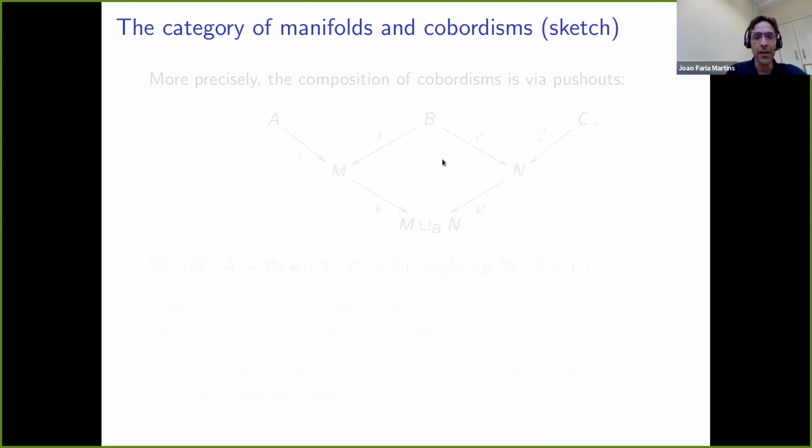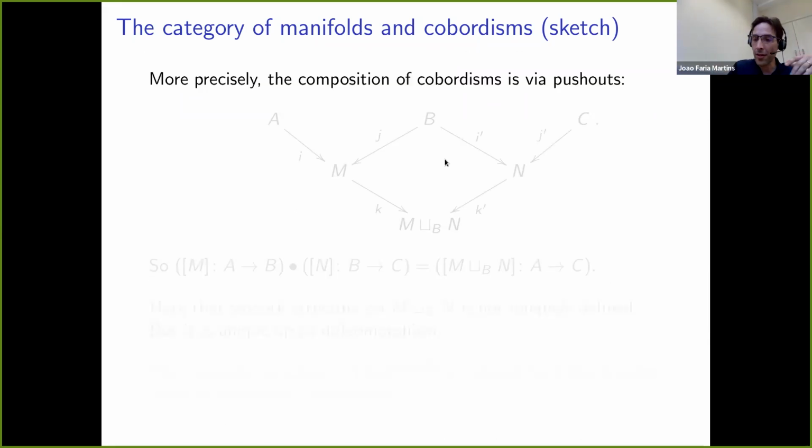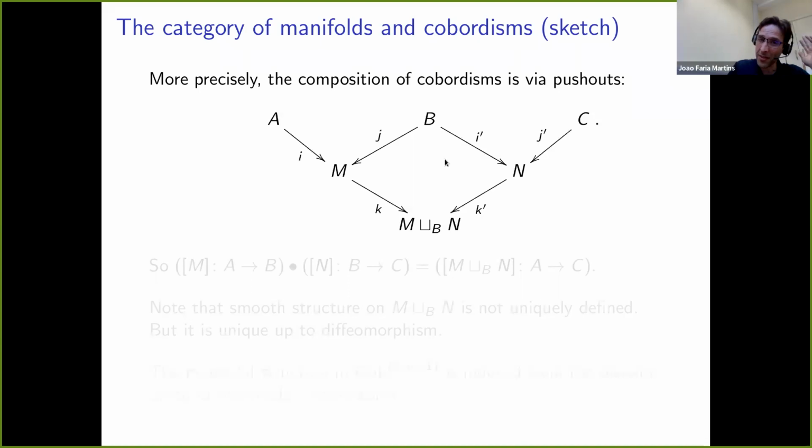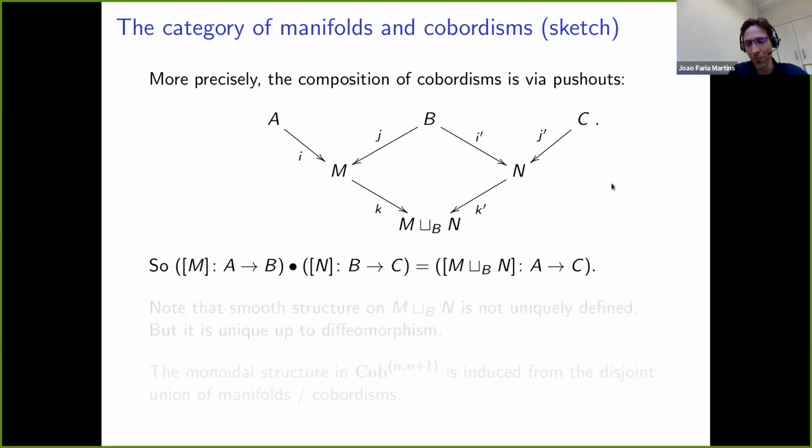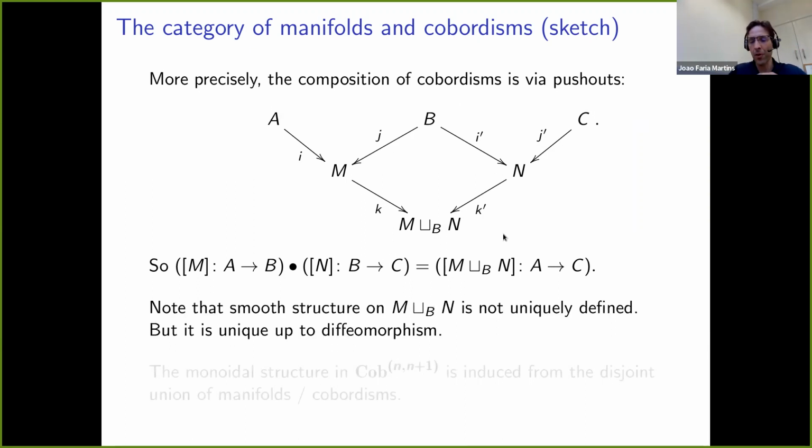And more precisely, and this is something I'll need later on, the composition of cobordisms is done via pushout. So here I have a cobordism from A to B. Here I have a cobordism from B to C. And I do the pushout of M with N over B. And this is my new cobordism now from A to C. And by the way, this is a pushout in the category of topological spaces.